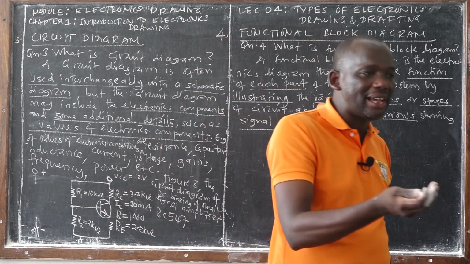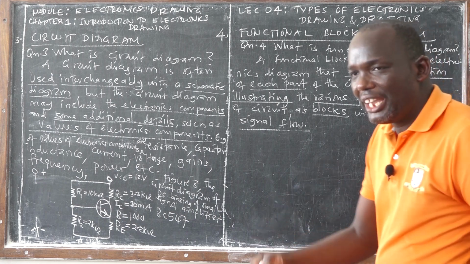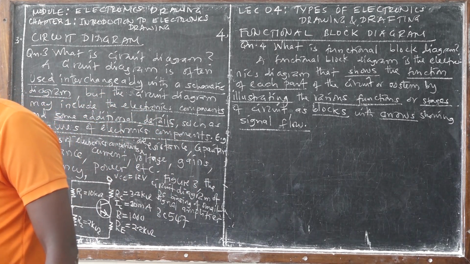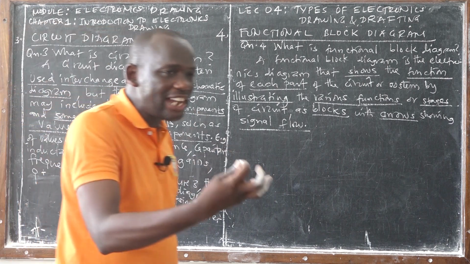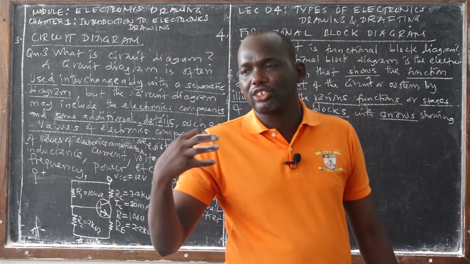If you've been taught about a capacitor, an inductor or a diode, you should also be taught how to read their data sheet, because the data sheet is the manufacturer's mind. You are not the one who made that resistor, diode or transistor. Somebody has made it for you. So once it has been made, the manufacturer of that electronics component must also write a technical sheet that's called the data sheet.